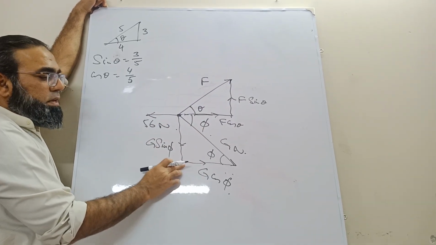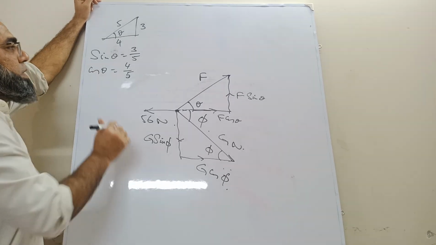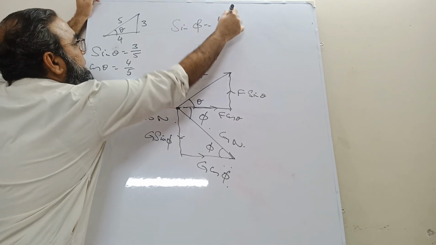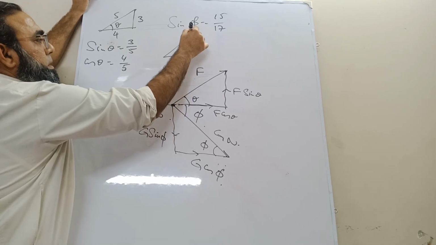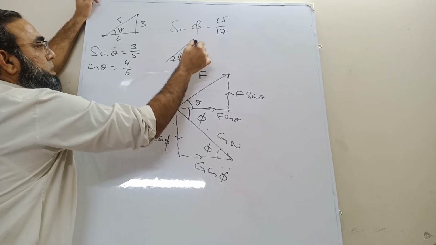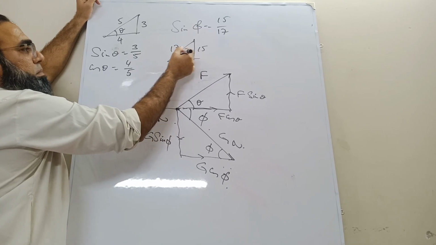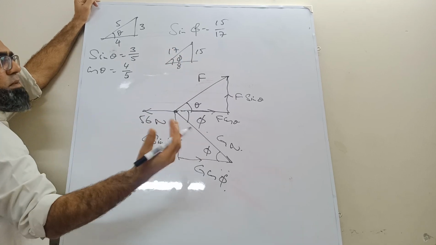We are also given the value of sine phi over here. He has given us sine phi as 15/17. If you apply your trigonometry, this is your phi, so I can write 15 over here, and this is 17. If you remember those typical right angle triangles, this will be 8, and you can also apply the Pythagoras theorem.